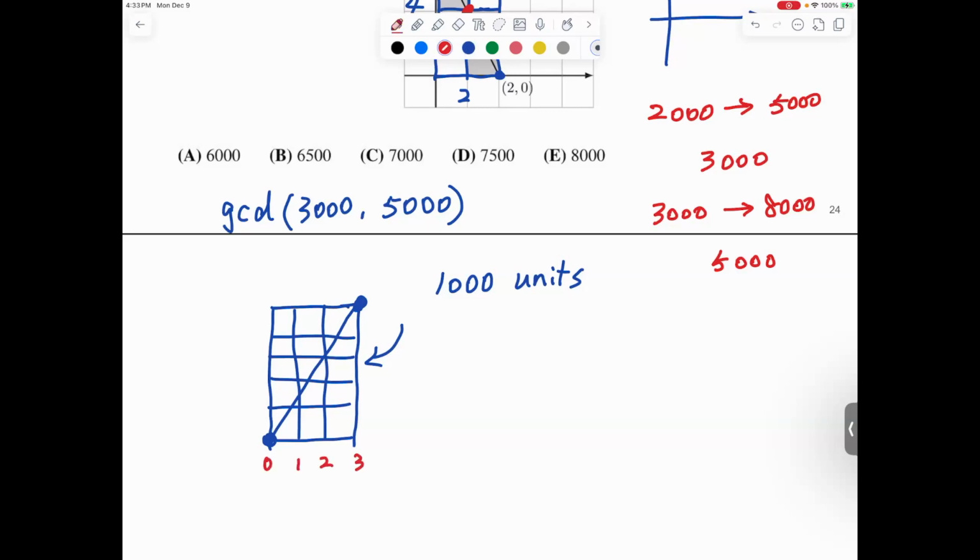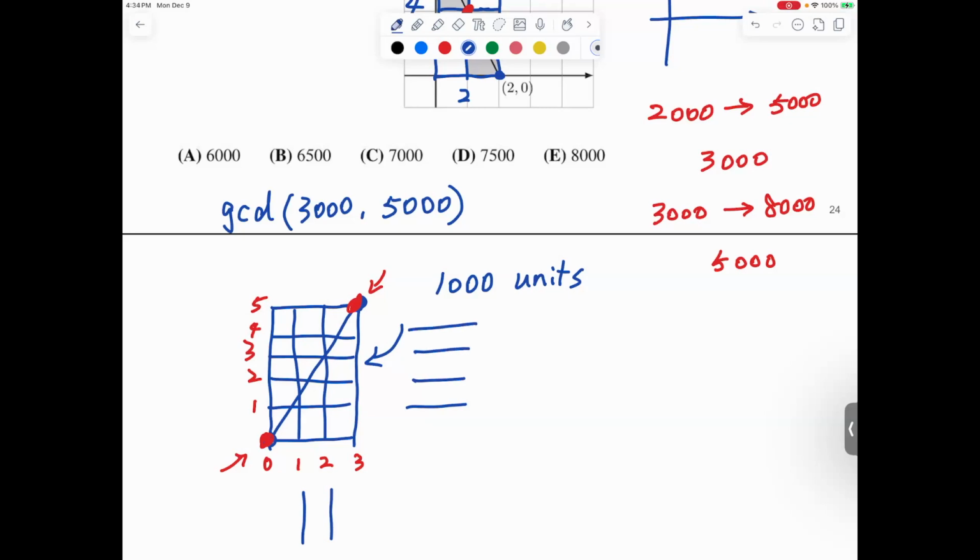We give the lattice points some index, 0, 1, 2, 3, 4, 5. In order to start from this point and go towards the ending point, the line segment needs to cross 2 vertical lines and 4 horizontal lines.